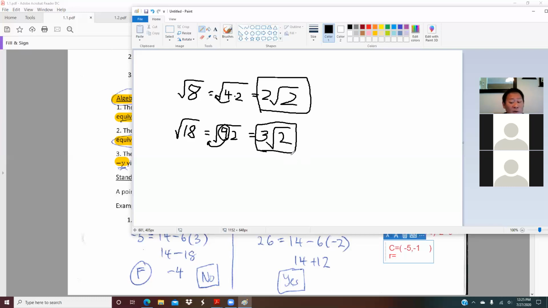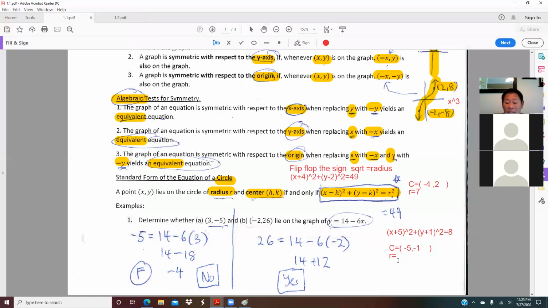You need to know how to do this kind of work from this time onwards, including your test P. When you do your test P tomorrow, the first test, you have to do the same thing if I ask you something like that. So the radius in this case is 2 square root of 2. Make sure you guys know how to do this kind of questions. It's very important. Is anyone okay here so far with the work?